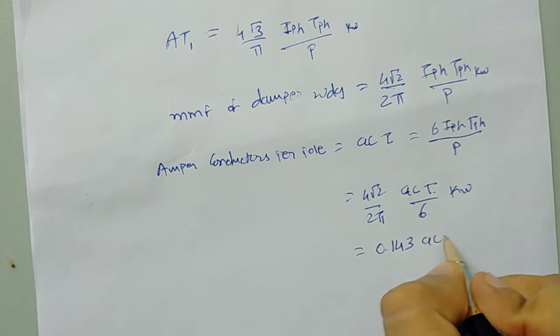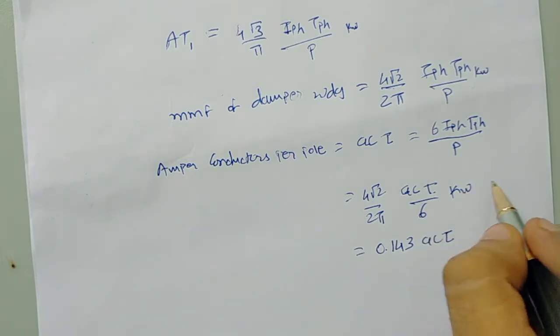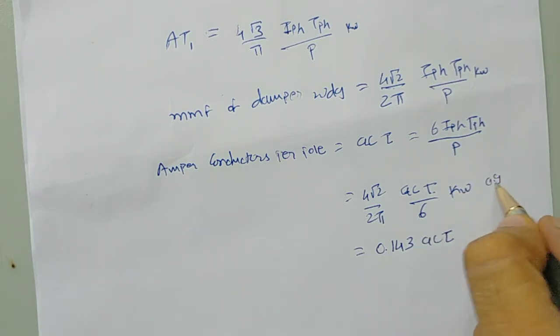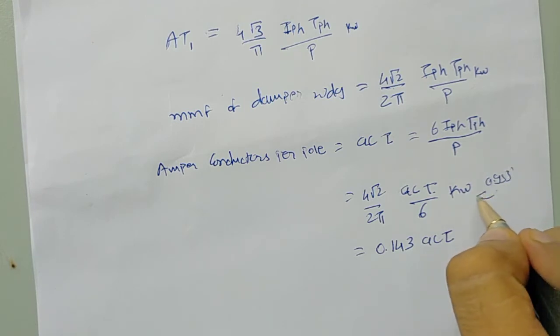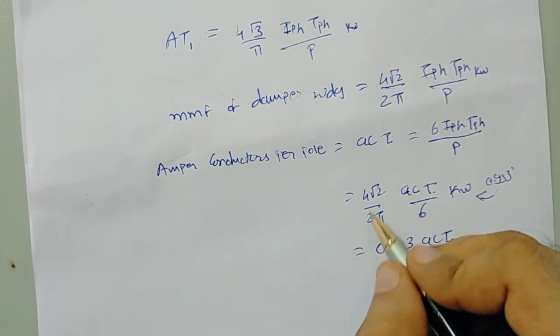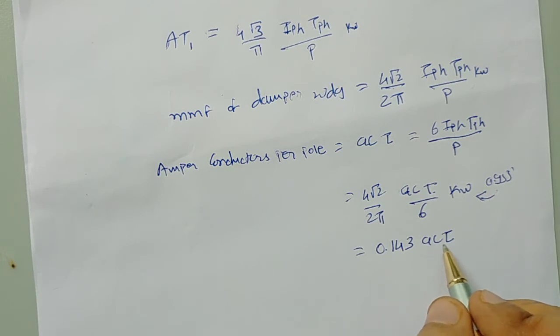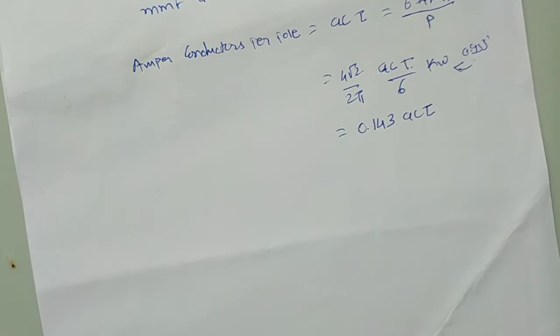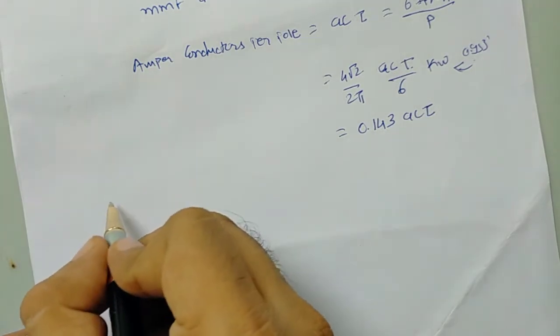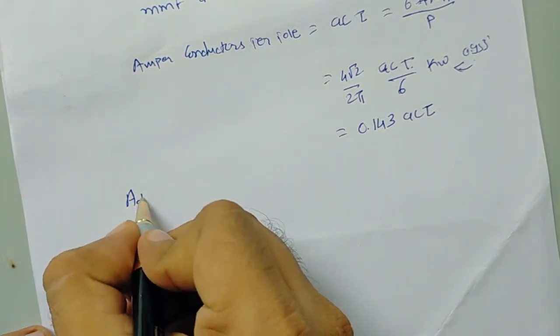If we simplify all this, we will get 0.143 AC tau, that is, the ampere conductor per pole is 0.143 times ampere conductor into tau.